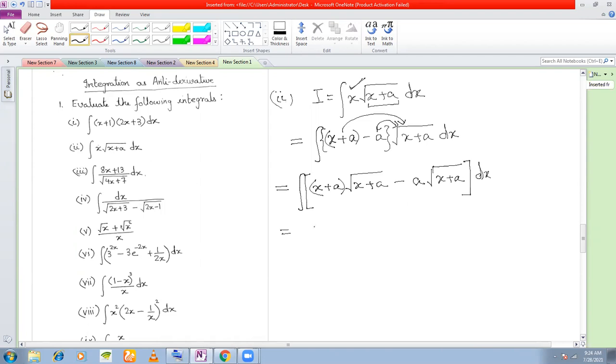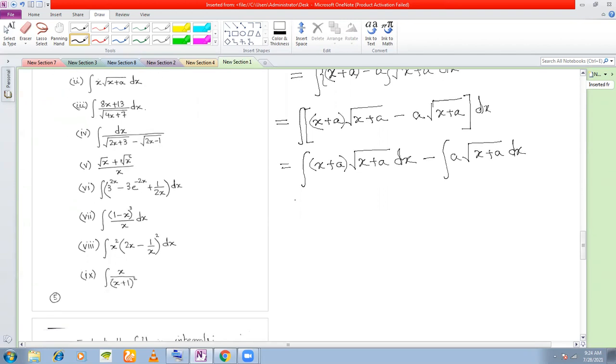Now you separate, you get integral x plus a root x plus a dx minus integral a root x plus a dx. So this is integral x plus a into root x plus a, which is x plus a to the power of half, isn't it? Minus, you can take this a out of the integration.